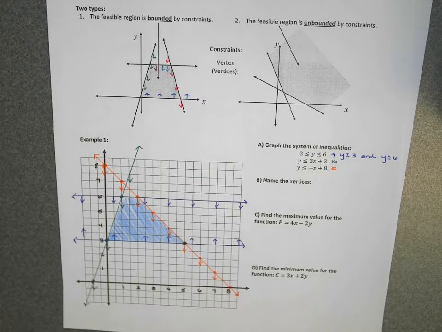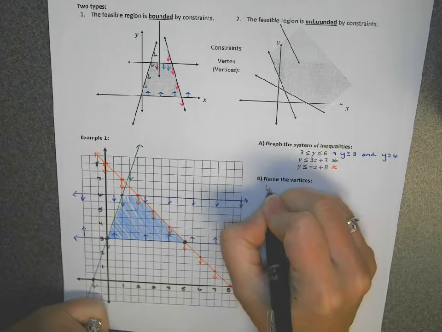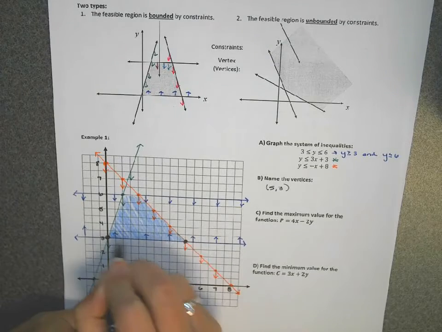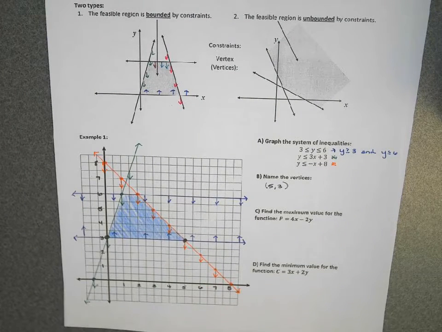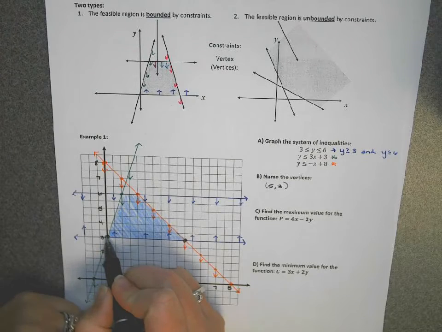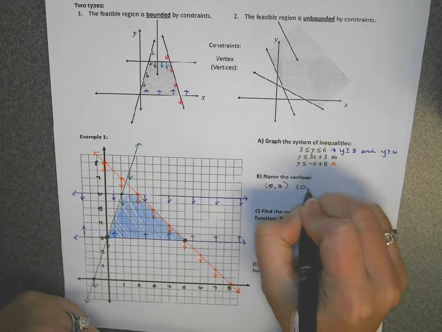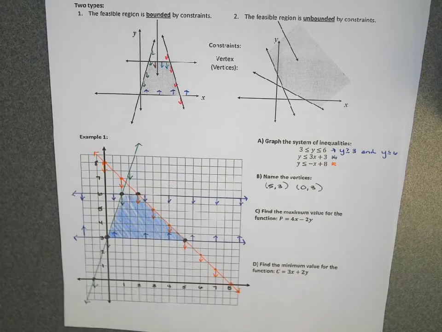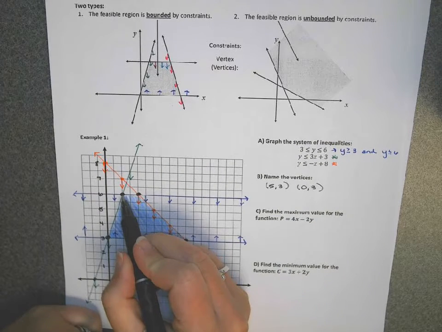So we have to identify what that point is. 5, 3. These two lines meet here. They're all the corners of your region that is your solution. What's this point here? 0, 3. Here's a corner and there's a corner. What's this point here? 1, 6.